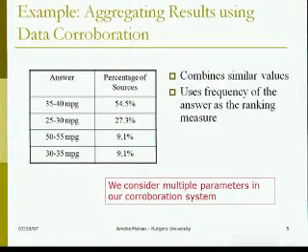So one way to do it is just a simple frequency. Here we aggregated things based on gas mileage range, and gave the percentage of sources that provided a value in that range. Frequency is fine, but then you leave the door open for spamming and link farms, and a lot of malignant users on the web would just input more and more information so that they could push up some results they want to have.